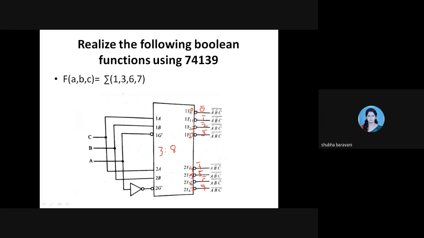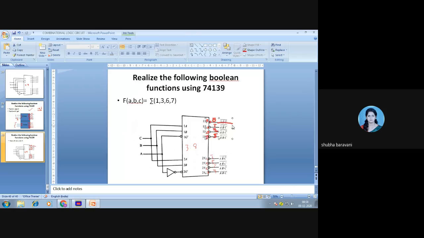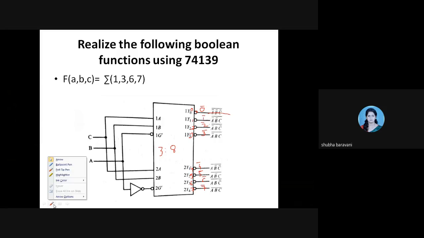Now what you have to do? You have to take 1, 3, 6, 7; 0 will not come.